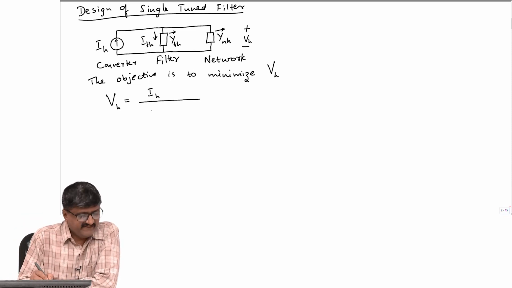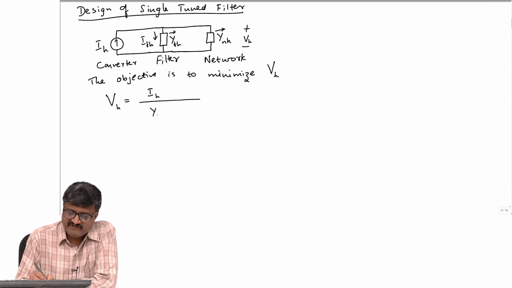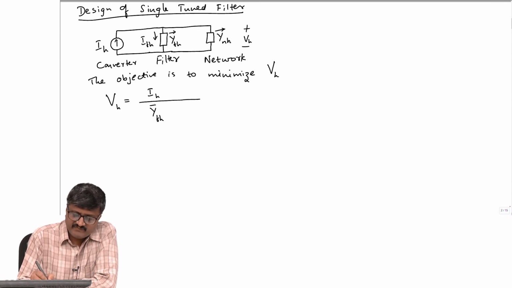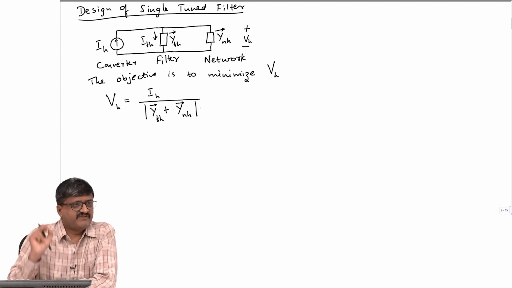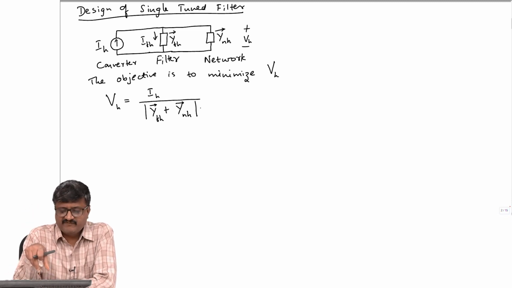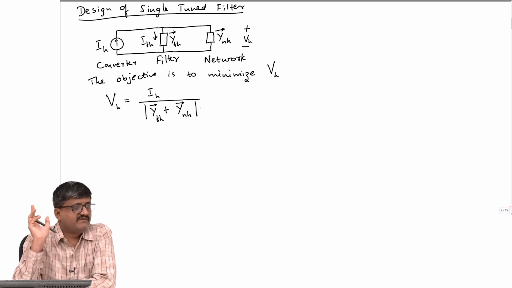So, I can write this as IH divided by the magnitude of YFH plus YNH. When I have two admittances in parallel, the effective admittance is the sum of the admittances. The magnitude of the current divided by the magnitude of the effective admittance gives the magnitude of the voltage. Okay.